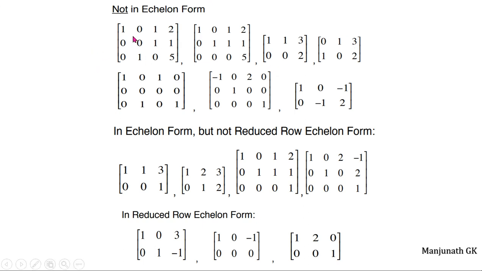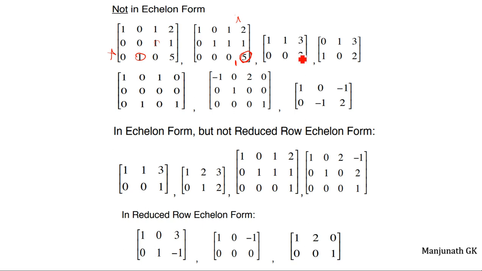Some of the examples are given here. It is not in echelon form. The reason is the leading coefficient in the third row is not to the right of the leading coefficient in the second row. It is to the left, so it is not echelon form. And the leading coefficient in the third row is 5, but it should be 1, so it is not in echelon form.